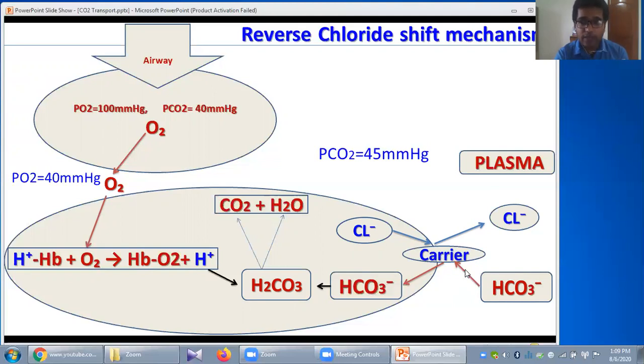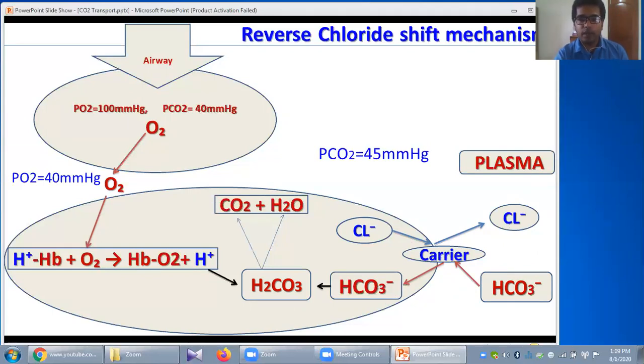This counter exchange is known as reverse chloride shift, because in the tissue capillary, bicarbonate is getting out and chloride ion is getting in, but in the pulmonary capillary, bicarbonate is getting into the cell and chloride ion is getting out of the cell. So this reaction occurs in completely reverse direction. That is why this is known as reverse chloride shift.